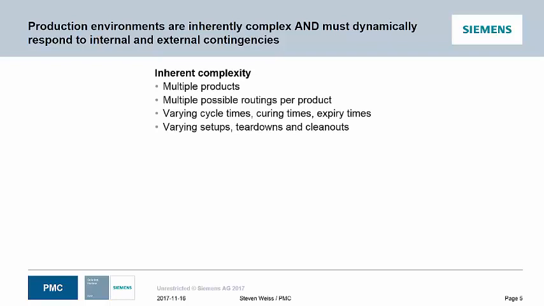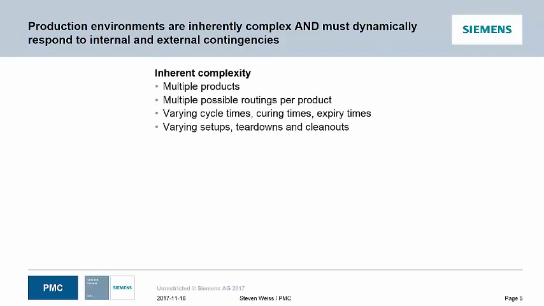As the product moves through the system, the cycle times of the various operations tend to vary. Sawing does not take as long as drilling, which does not take as long as punching. In addition, depending on your processes, you might need paint or other chemicals to cure. So you must wait for a certain amount of time, but not too long, because many materials have expiry times beyond which they can't be used. So that introduces the complexity of time.